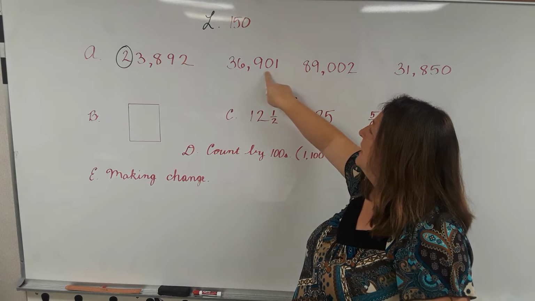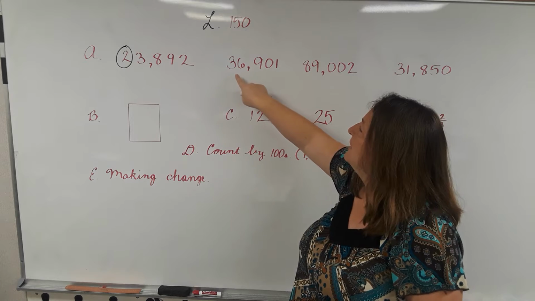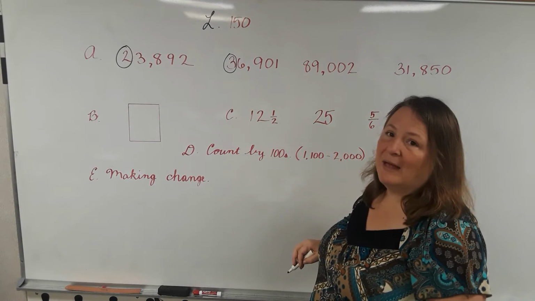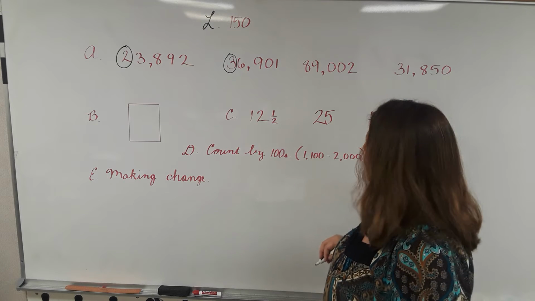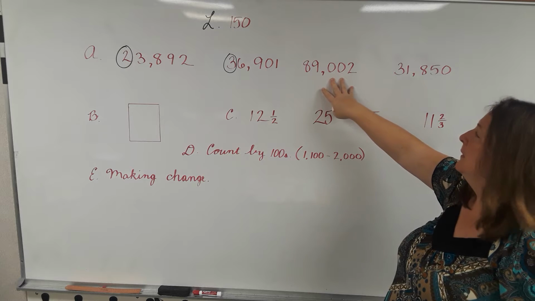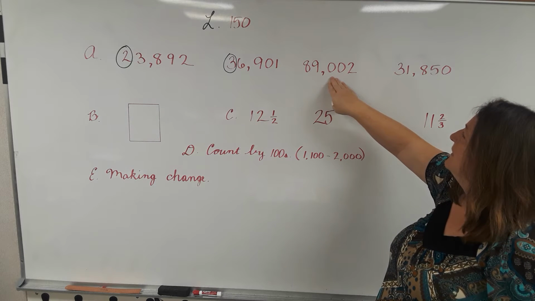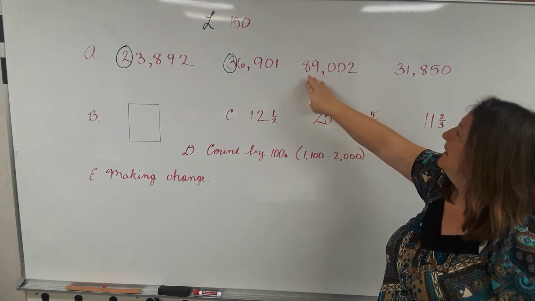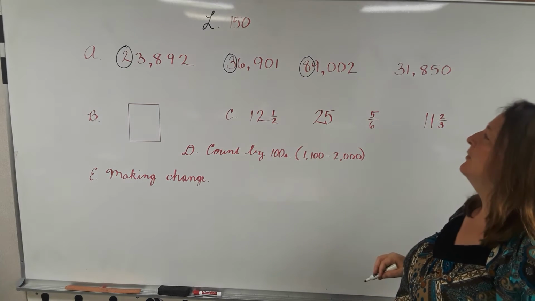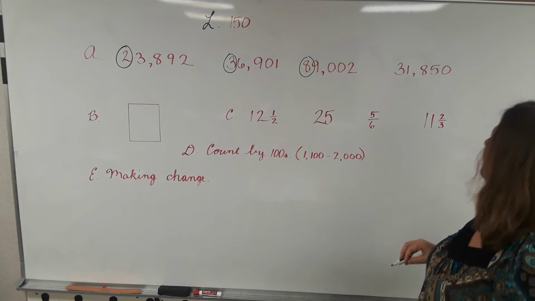Ones, tens, hundreds, thousands, 10,000s. Three 10,000s would be 30,000. Which number is in the 10,000s place? Ones, tens, hundreds, thousands, 10,000s. Eight 10,000s equals 80,000.